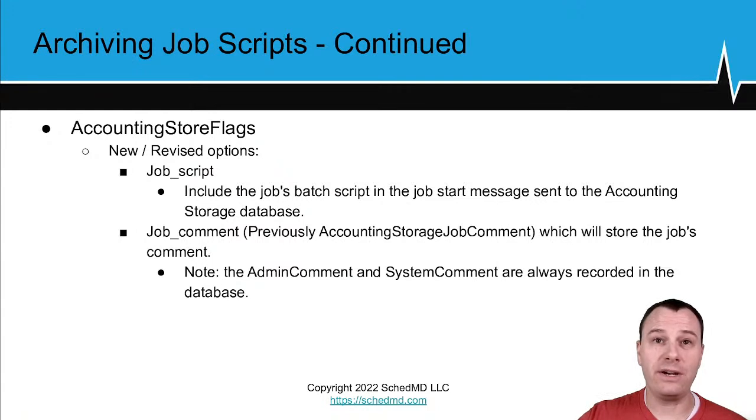A noteworthy mention here is that with the addition, we also renamed the previous AccountingStoreJobComment to job_comment and now require it to be set as an AccountingStoreFlags. Finally, it is also worth pointing out that admin comments and system comments are always recorded in the database.